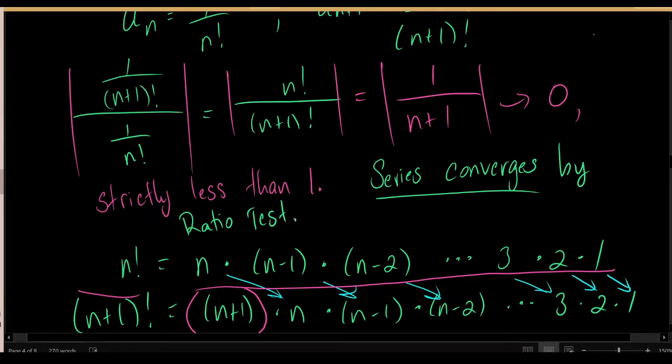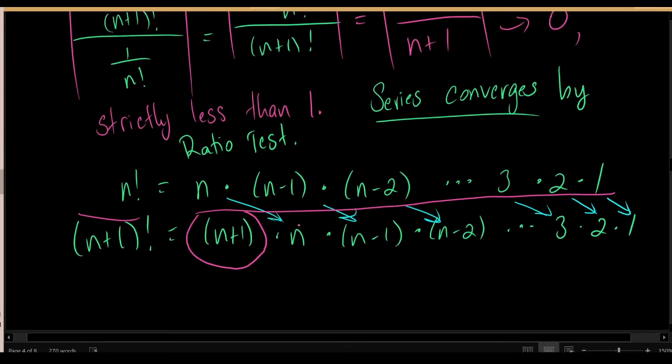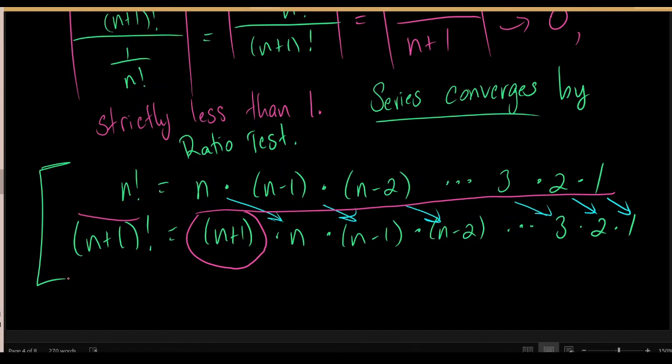The reason why ratio test is so perfect for series containing the n factorial is because of this cancellation that happens right here. The fact that n factorial divided by n plus 1 factorial can always be simplified dramatically to 1 over n plus 1.